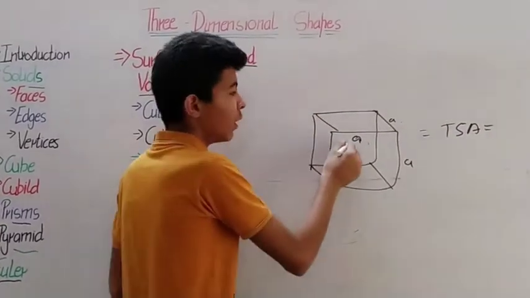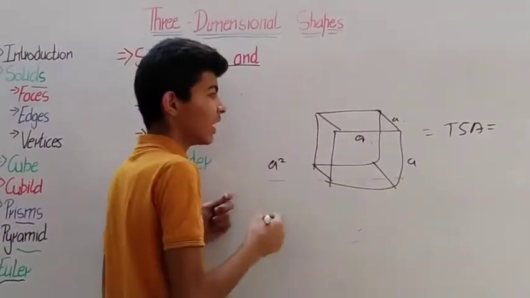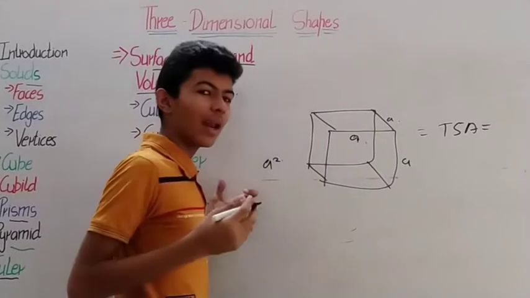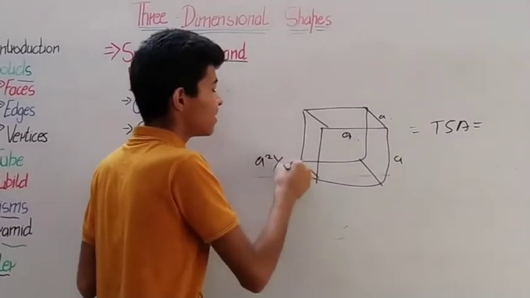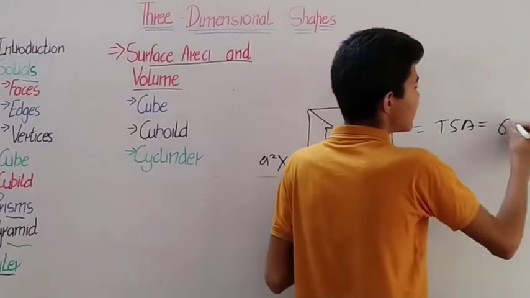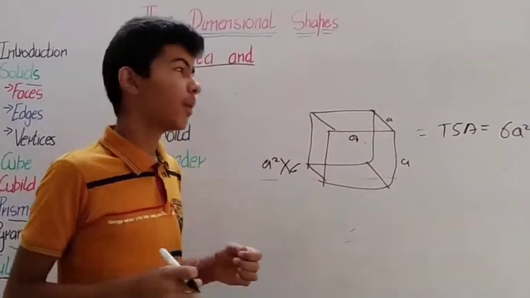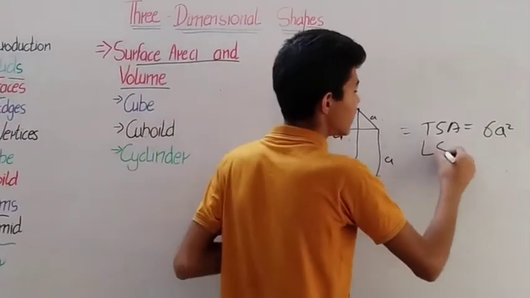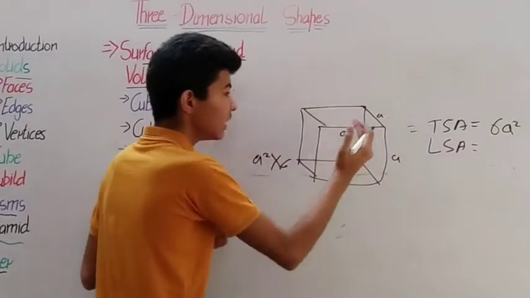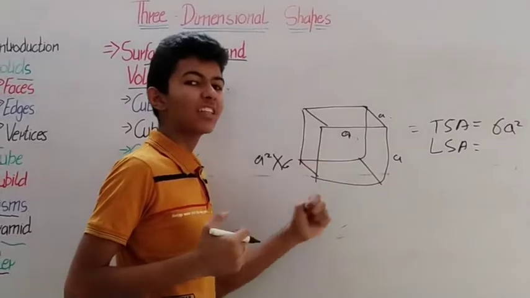One face area would be A square, and there are a total of 6 faces, which are all identical. So we multiply by 6 and get 6A square. If it is only asking about the lateral surface area, that is LSA, that means the bottom and top parts are not included.